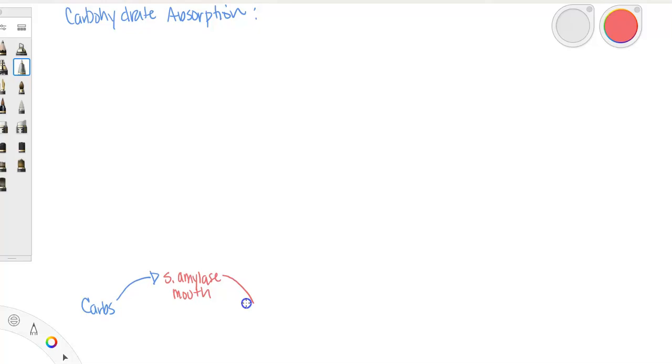Then from that, we get smaller polysaccharides. Disaccharides are two monosaccharides linked together, and polysaccharides are just more than two. So instead of one huge molecule, now we have smaller, big molecules that are polysaccharides.